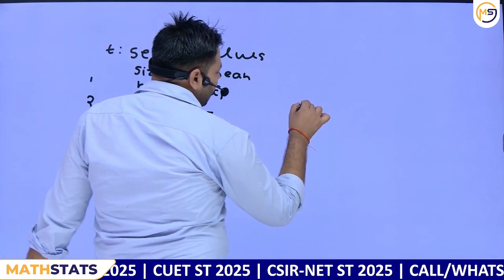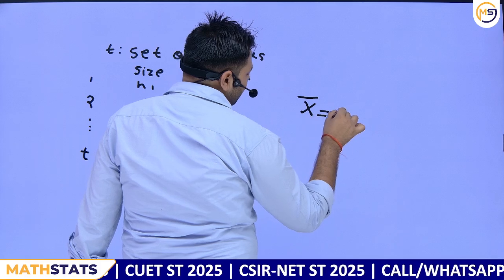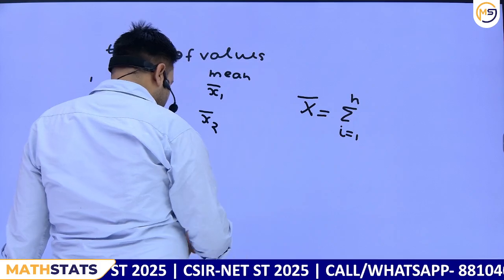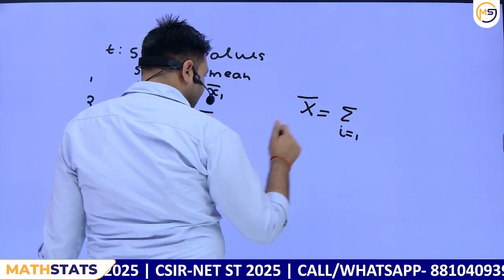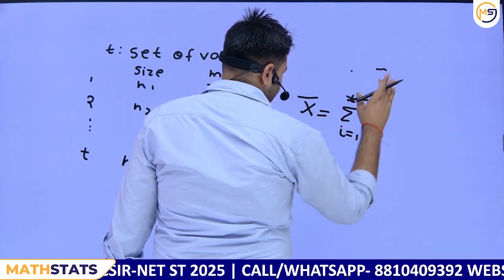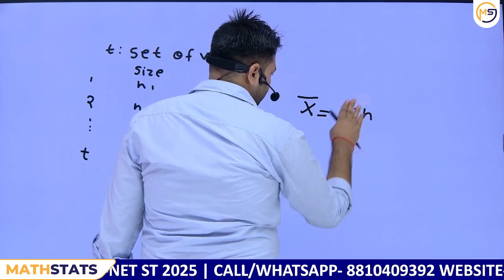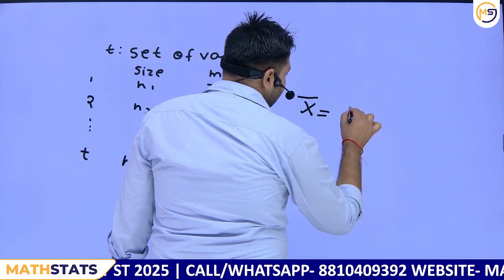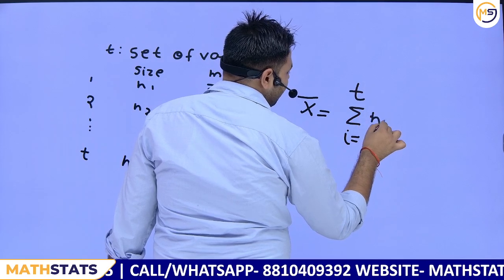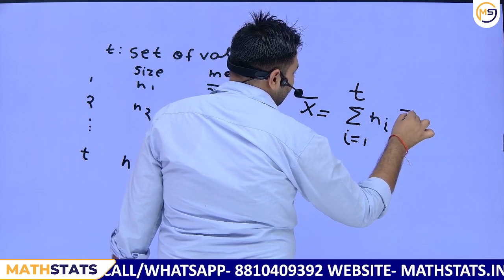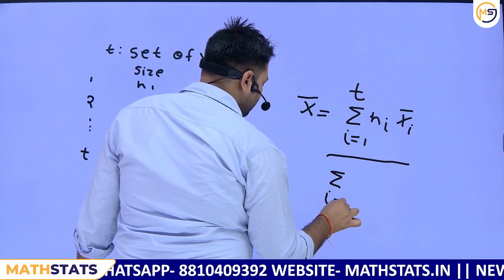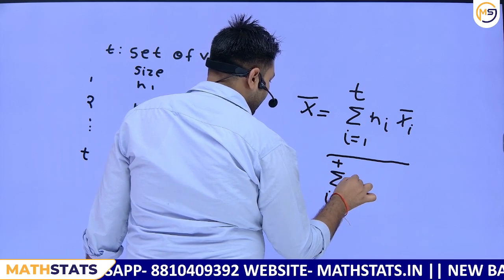Then the total pooled mean या combined mean x bar equals summation i equal to 1 to t of ni xi bar, divided by summation i equal to 1 to t of ni.